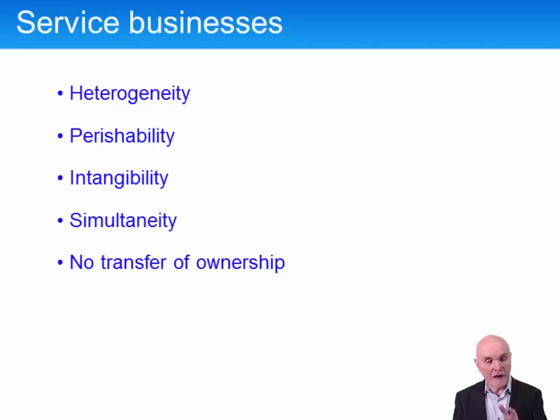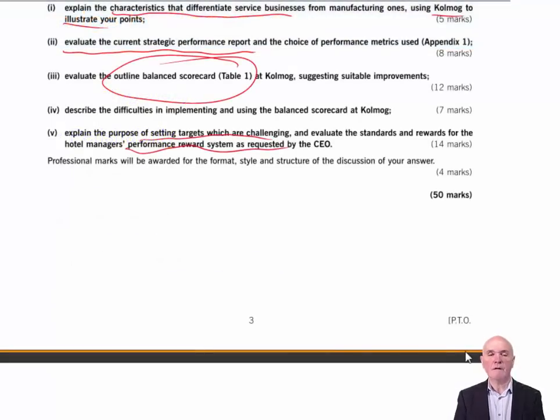So these are the 5 elements. These are very standard. And what we're trying to do in all of those 5 is to say, in the context of a chain of hotels, and specifically Kolmog, illustrate these 5 elements.